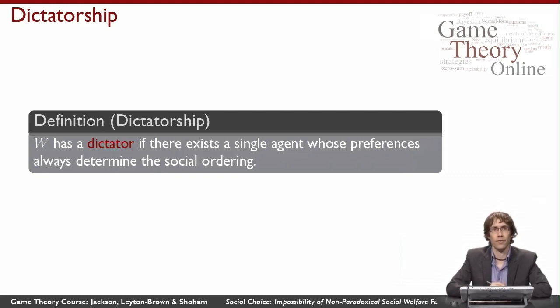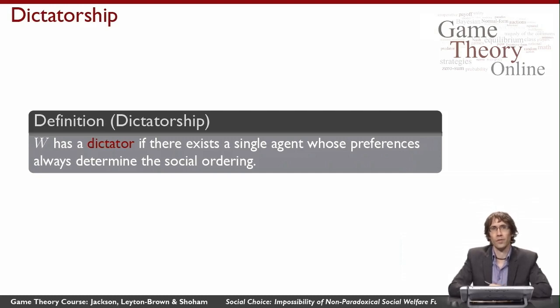Notice that a social welfare function that does have a dictator trivially satisfies independence of irrelevant alternatives and Pareto efficiency, because Pareto efficiency says anytime everybody agrees, the social welfare function has to do the right thing. And when everybody agrees, in particular, the dictator also agreed. So we would get Pareto efficiency for free.